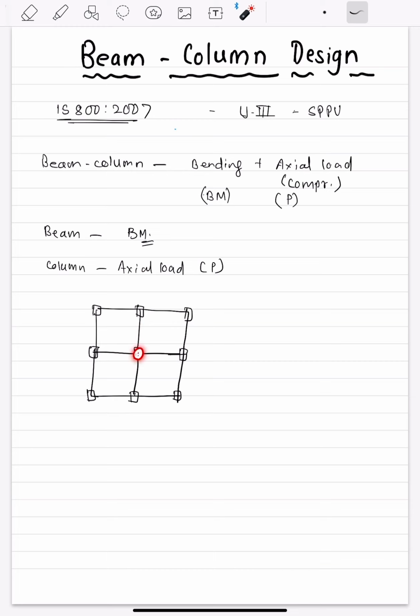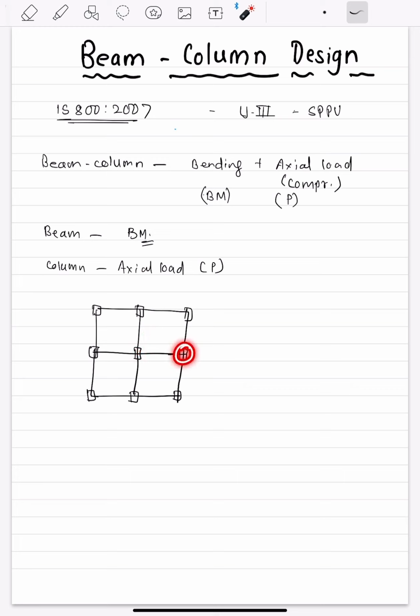This column actually has a bending moment from this side and a bending moment from this side. These both are equal spans, therefore they are cancelling each other. So the effective bending moment is zero at this column, and there is only an axial force P. Therefore, this is just a column.